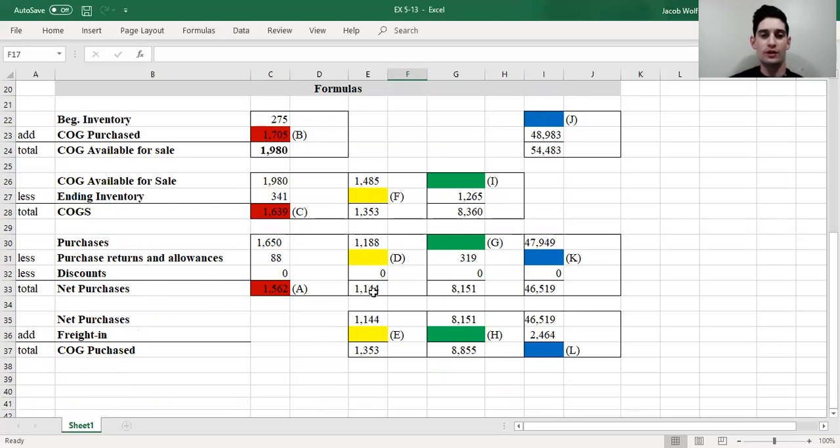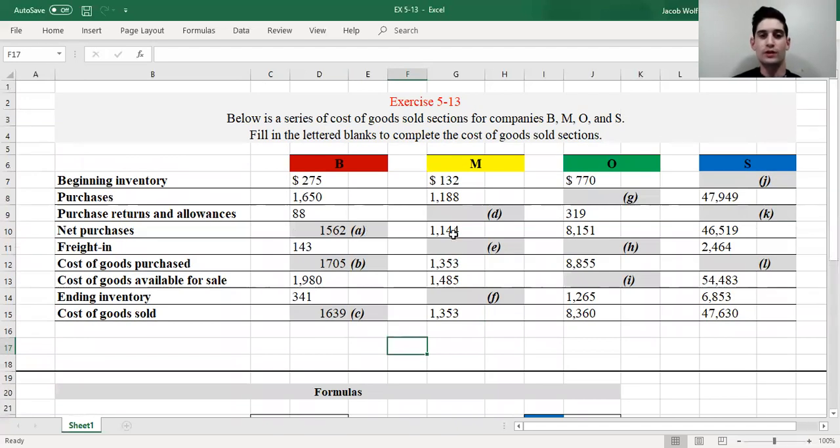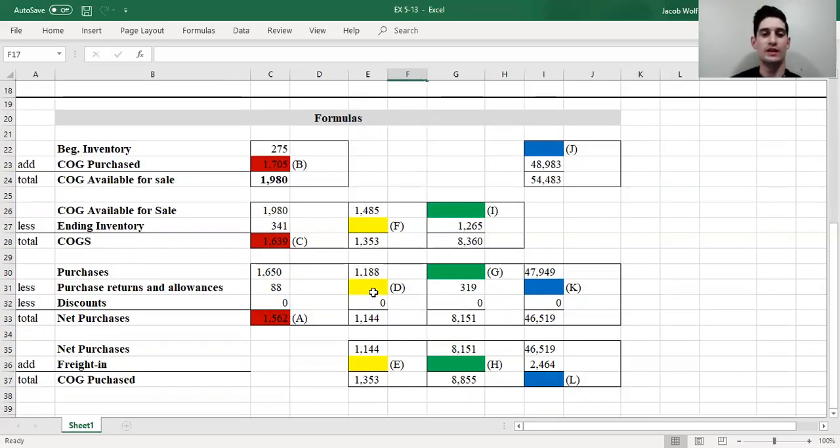And so I found the net purchases of company M. Net purchases were 1,144, and our purchases came out to be 1,188.